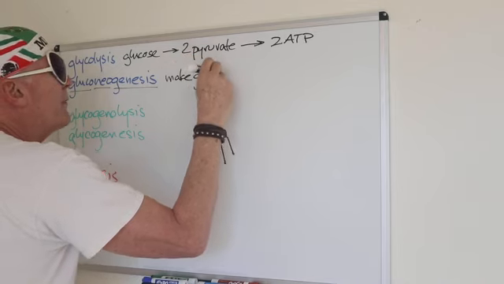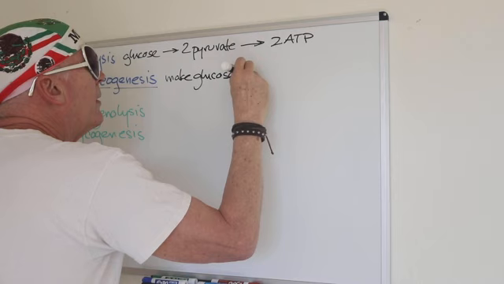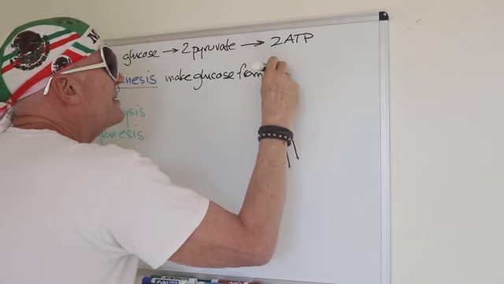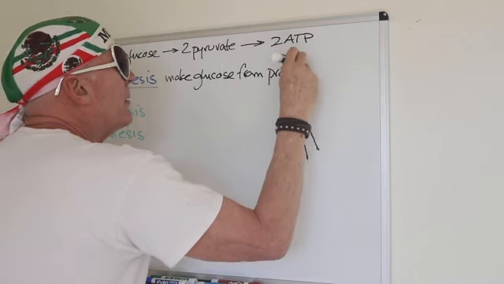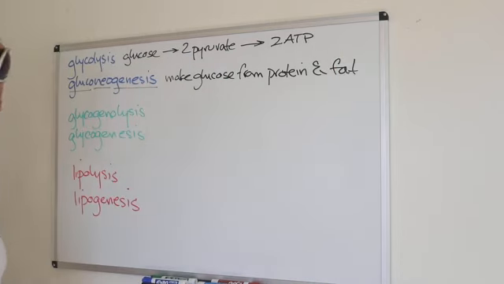Therefore from proteins and fats, lipids, all right? Make new glucose. Make it from things that aren't already glucose. How easy is that? Make glucose from protein and fat.